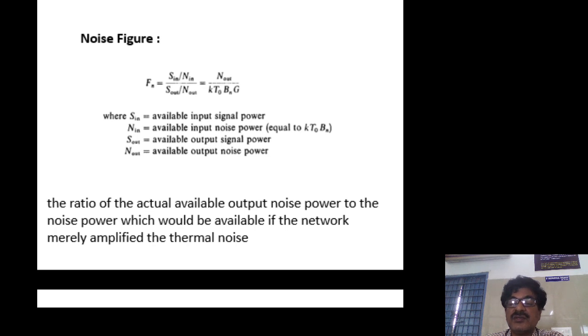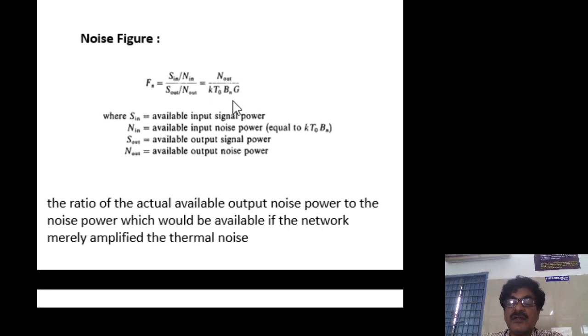From this equation, from this ratio, we can know that the noise figure is the ratio of the total available output noise power to the amplified noise of the network. Why is it called amplified noise?